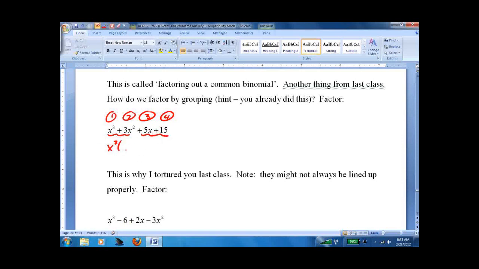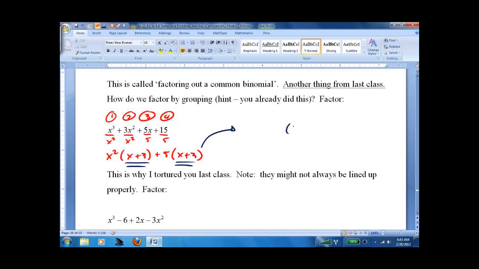Here we've got x squared, and actually I'm going to do this a little differently. X squared's in here, leaving me x plus 3. 5 is in here, leaving me x plus 3. And the way we know we did it right is if we end up with the same things in the parentheses.